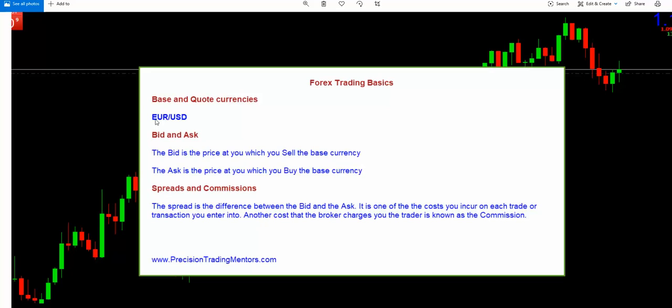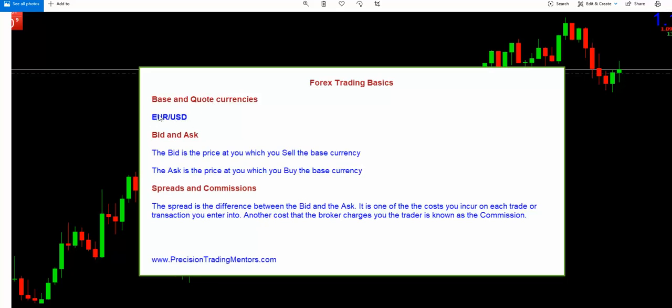This is the euro against the US dollar. So the first currency there, the euro, is referred to as the base currency, whereas the second currency is referred to as the quote currency, otherwise known as the counter currency.